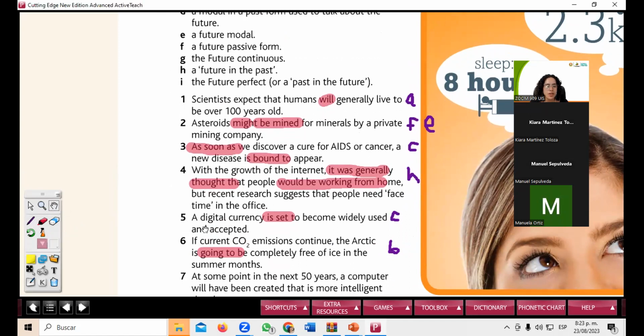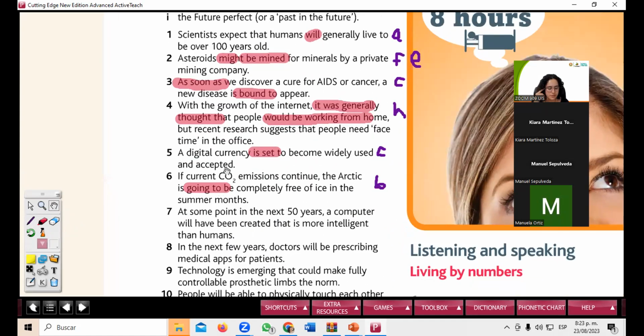Marlon, number 7, please. At some point in the next 50 years, a computer will have been created that is more intelligent than humans.